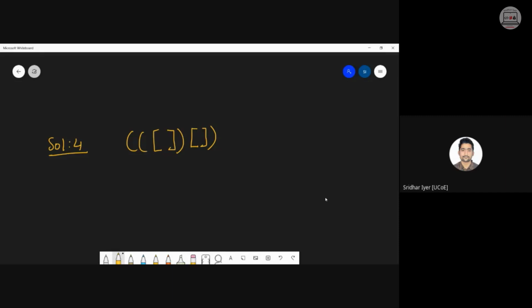Similarly, it is having two opening square brackets and two closing square brackets, right?